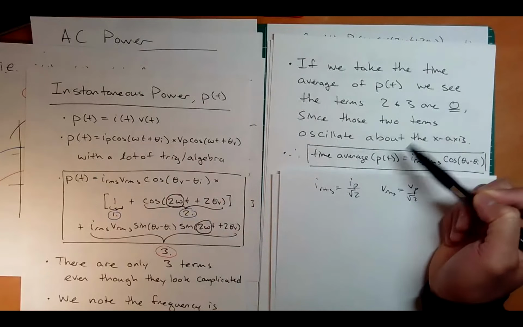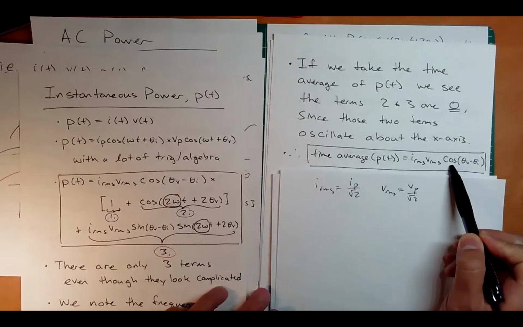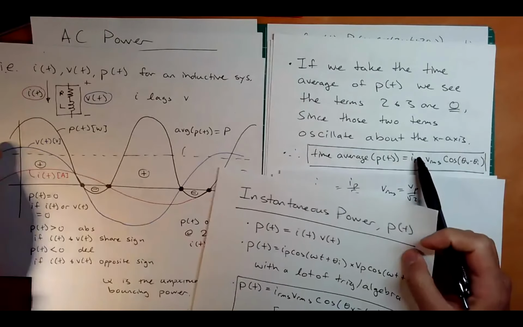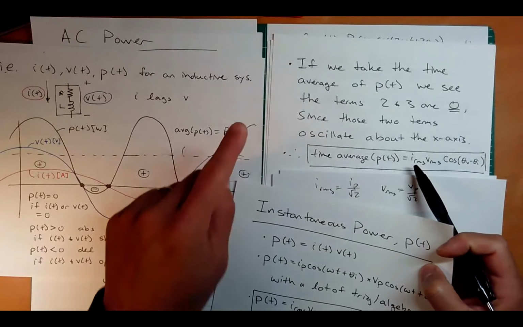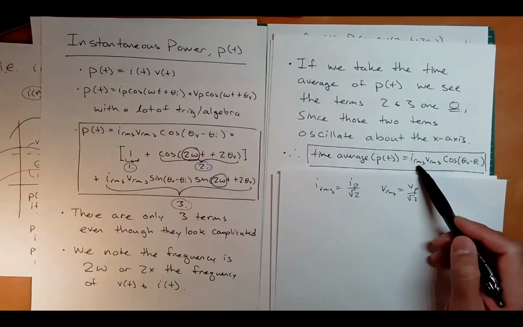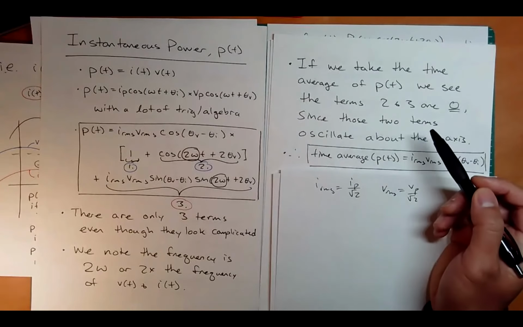So the time average of P of t is I_RMS, V_RMS, cosine of theta V minus theta I. Well, what did we say the time average of the instantaneous power was? We said it was this line, which was capital P. Nice. So we now have an equation for capital P, the real power. It's I_RMS V_RMS cosine of theta V minus theta I. That is kind of nice.